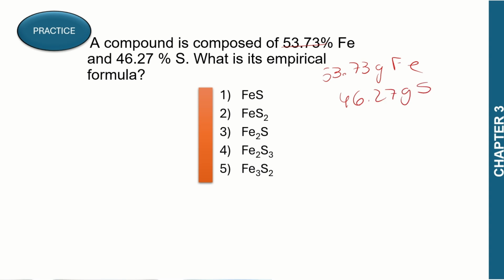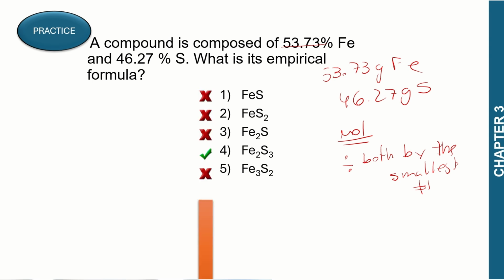You're going to convert this to moles. After you convert to moles, you're going to divide both by the smallest number, and then you're going to find the empirical formula, which is Fe2S3.